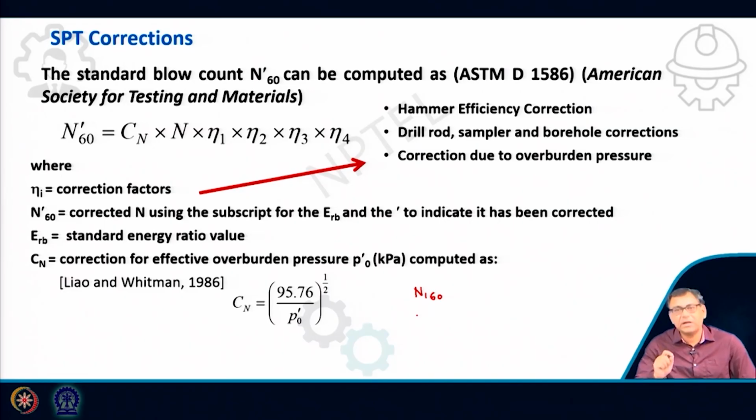So it is normalized by 1 ton per feet square or 100 kilonewton per meter square. That's the meaning of N160: 1 means normalized by this effective overburden pressure correction, and 60 means under 60% hammer efficiency.